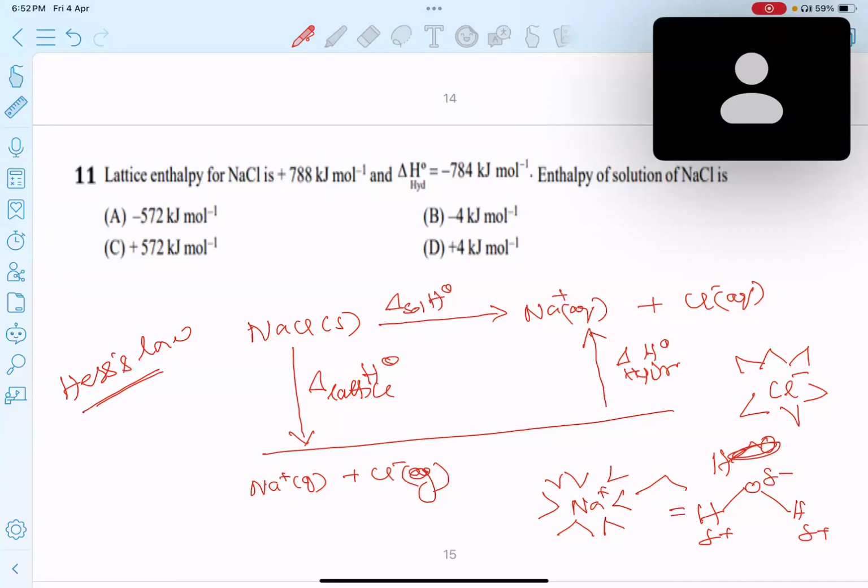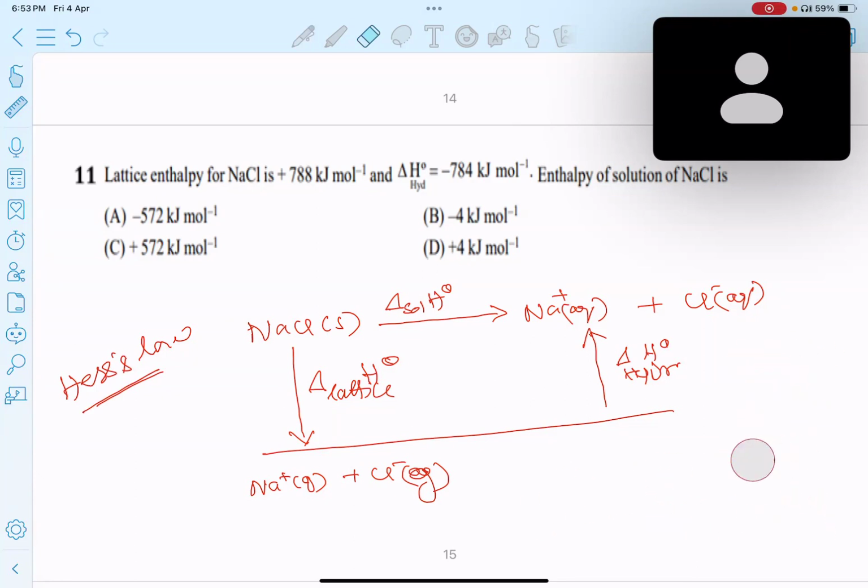Whether a reaction takes place in one step or in a number of steps, the enthalpy change remains the same. Or, the enthalpy change during a cyclic process is equal to 0 according to Hess's law. So apply Hess's law for this cycle first.